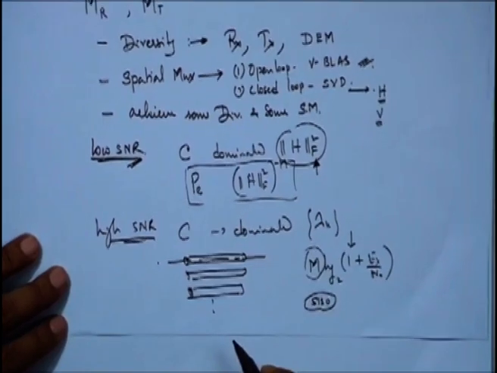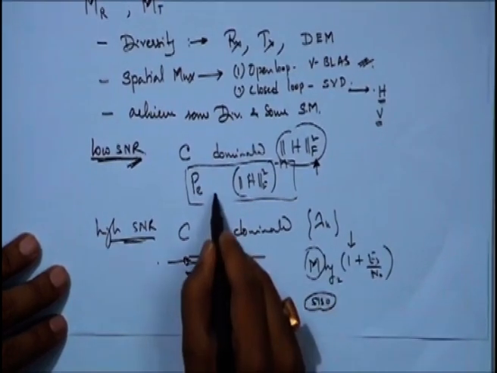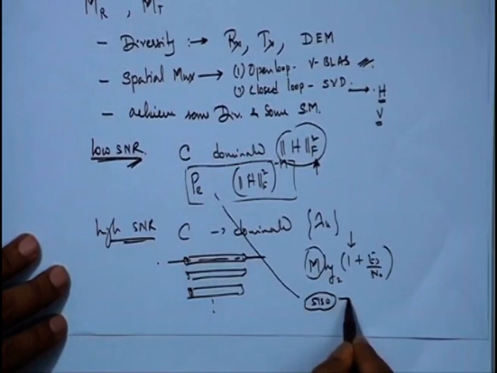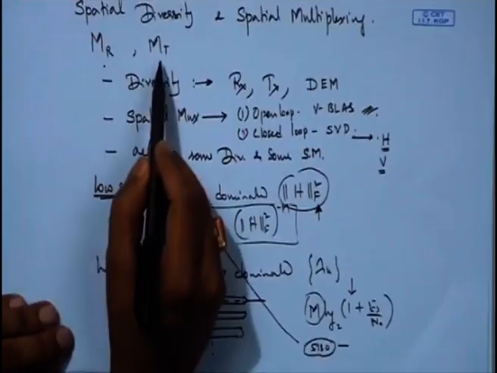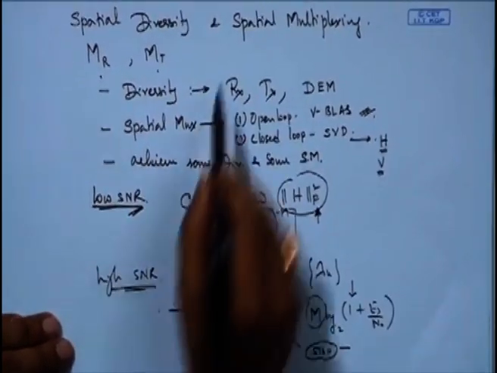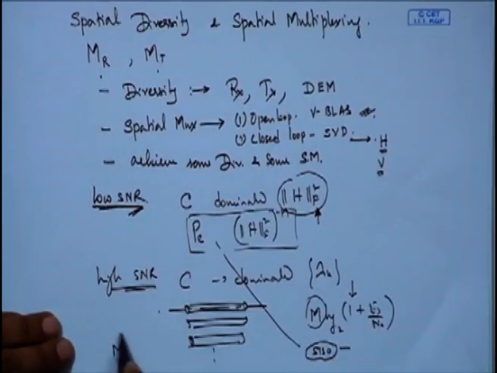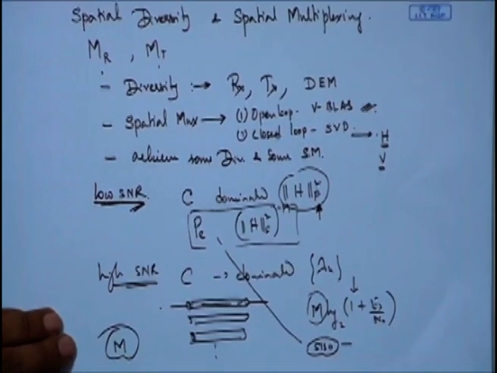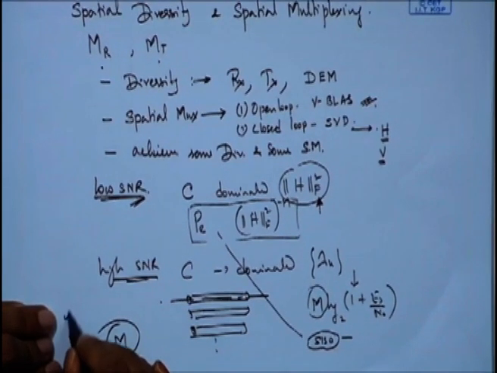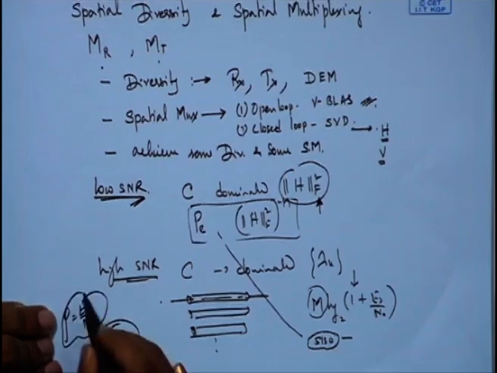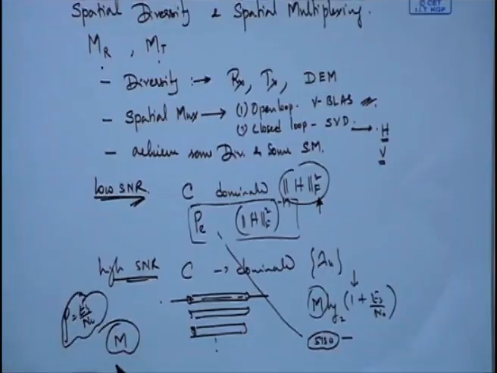So, naturally this hints that the error probability of each of the links is also similar to that of a SISO link. So, if we have m number of transmit and receive antennas, and there is a certain value of SNR rho equals ES by n naught, then we are left to decide what to do.